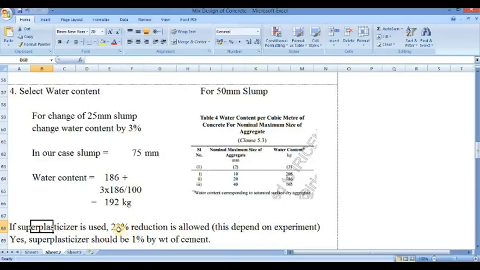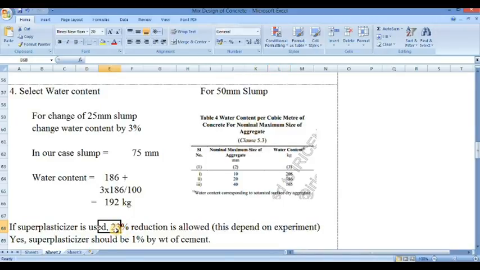In that case the code suggests, or different experiments and literature on concrete suggest, that you can reduce 23% of your required water. This totally depends on your experiment or situation. Maybe this 23% varies to 21%, 24%, 25%, based on the situation you have to change it. But for starting you can take it as 23%.